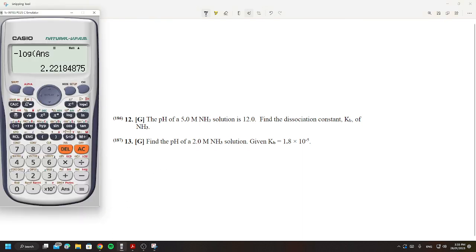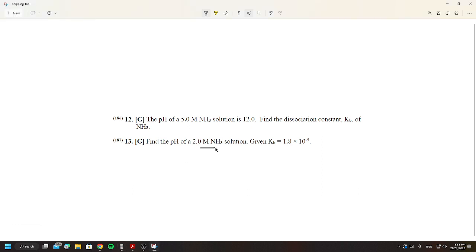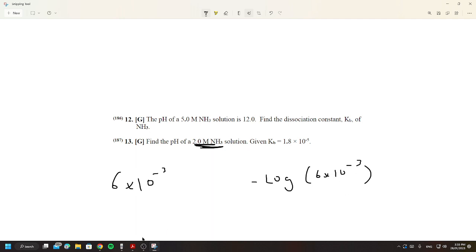So this 6 times 10 power negative 3, that's the concentration of the base at equilibrium. Base, keep that in mind since NH3 is a base. So when you do negative log 6 times 10 power negative 3, let me sneeze.